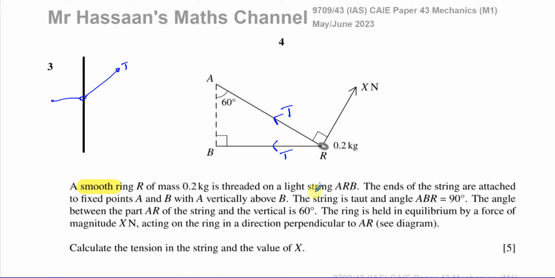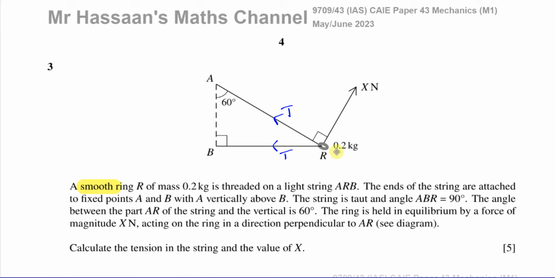It's just a string going through it. So there's no reaction force there, as there would be if it was in contact with a solid surface like a rod horizontally or vertically. All right, so we don't have any reaction force to consider. It's just the tensions, this force, and also of course we're going to have its weight.